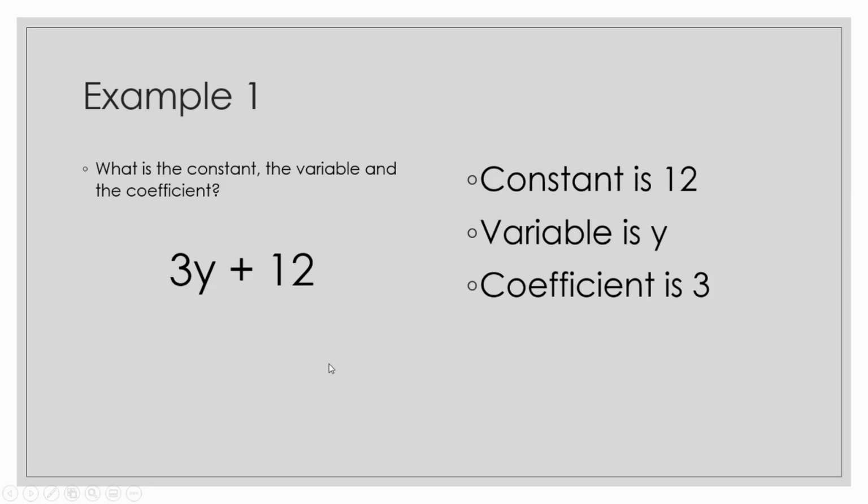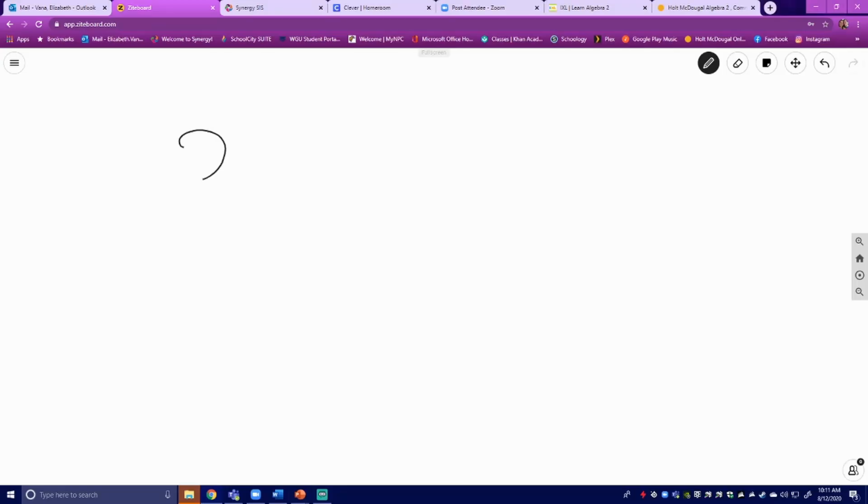Now I want to go into solving some simple equations. 2x equals 4. Now remember, when we're solving equations, we want to get the variable by itself, and whatever we do to one side of the equation, we have to do to the other. So I'm trying to get rid of this 2 by the x. 2 is being multiplied by x, so I need to do the opposite to get rid of it.